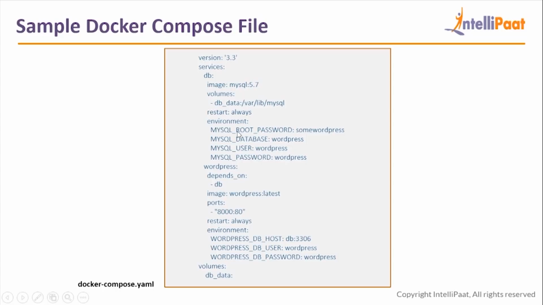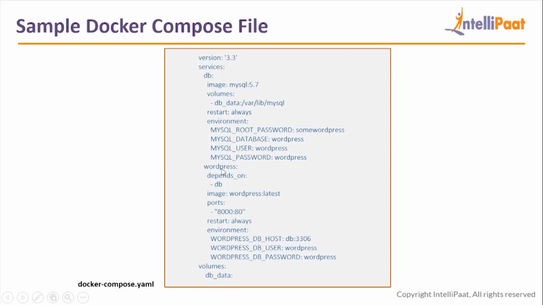The environment variables for this container are MySQL root password, MySQL database, MySQL user, and MySQL password. These are the values to these environment variables that we are also configuring inside the Docker Compose file itself, right? So inside this container, these are the environment values which will be configured. And this is the end of it. This is what we have done in the DB container.